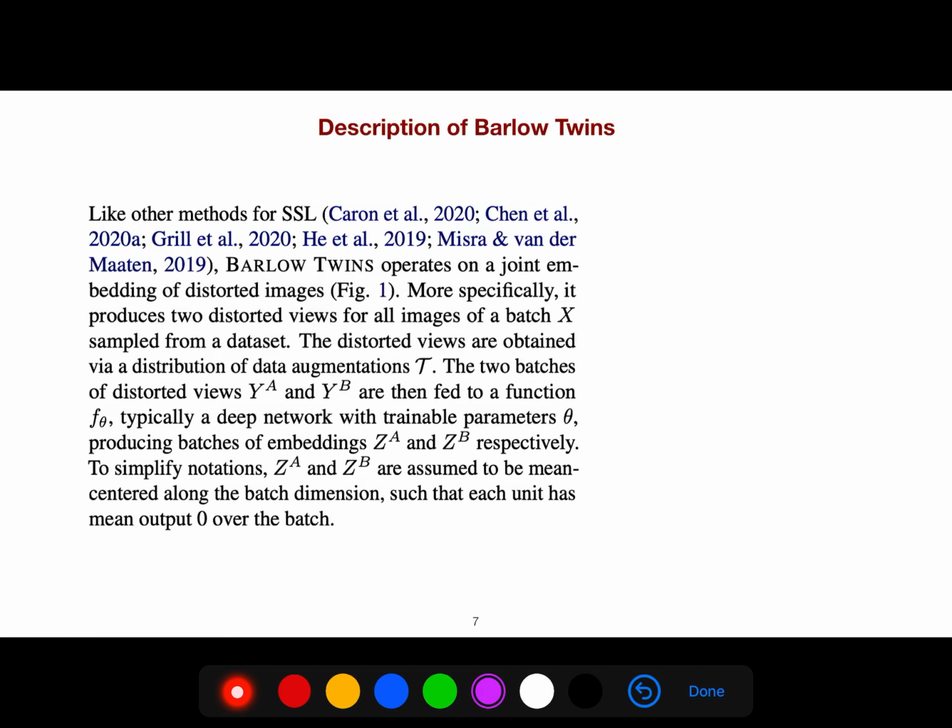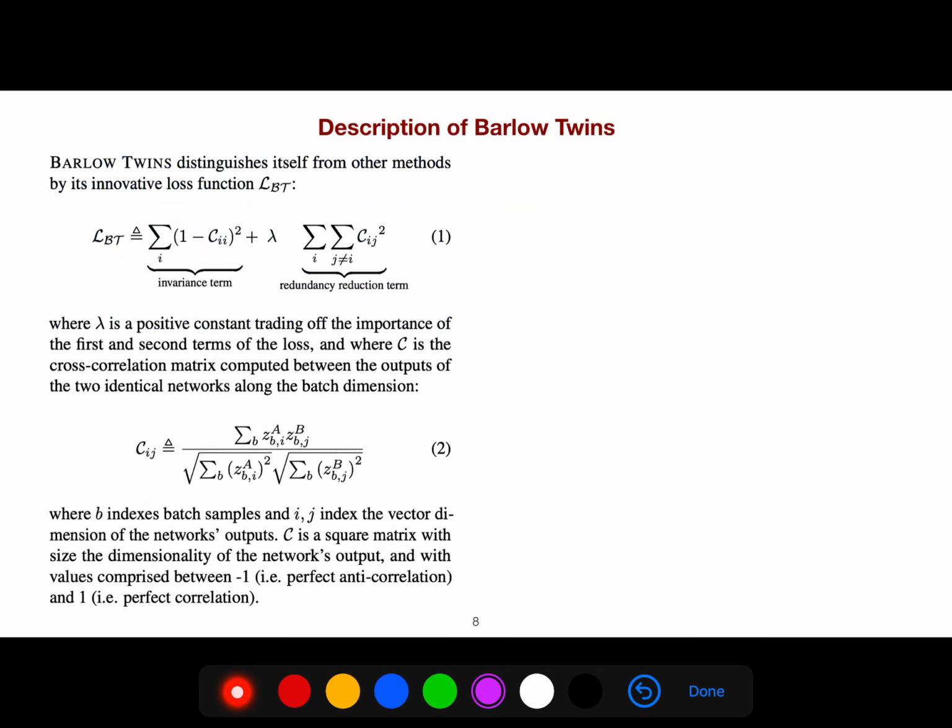The two batches of distorted views are then fed to a function f theta, typically a deep network with trainable parameters theta, producing batches of embeddings Z sub A and Z sub B. To simplify notation, Z sub A and Z sub B are assumed to be mean-centered along the batch dimension such that each unit has mean output 0 over the batch.